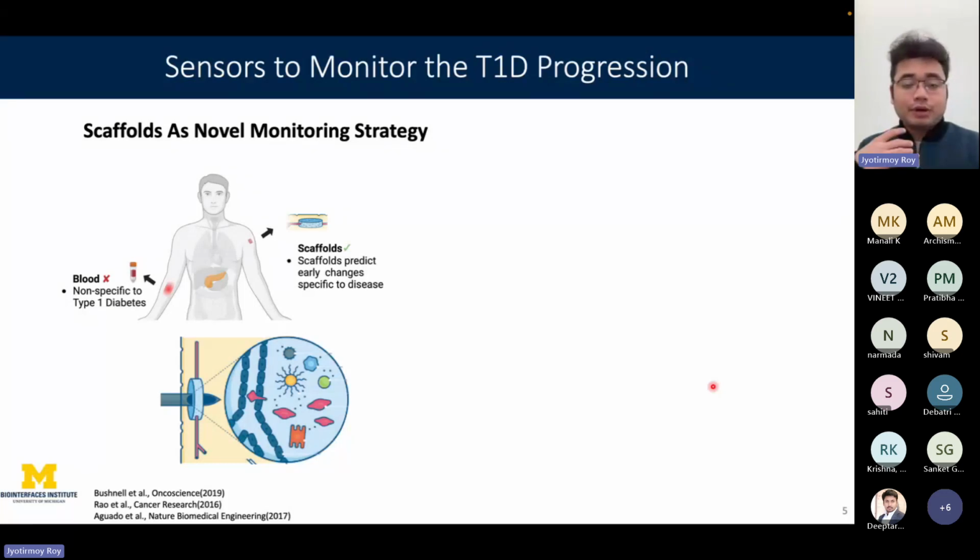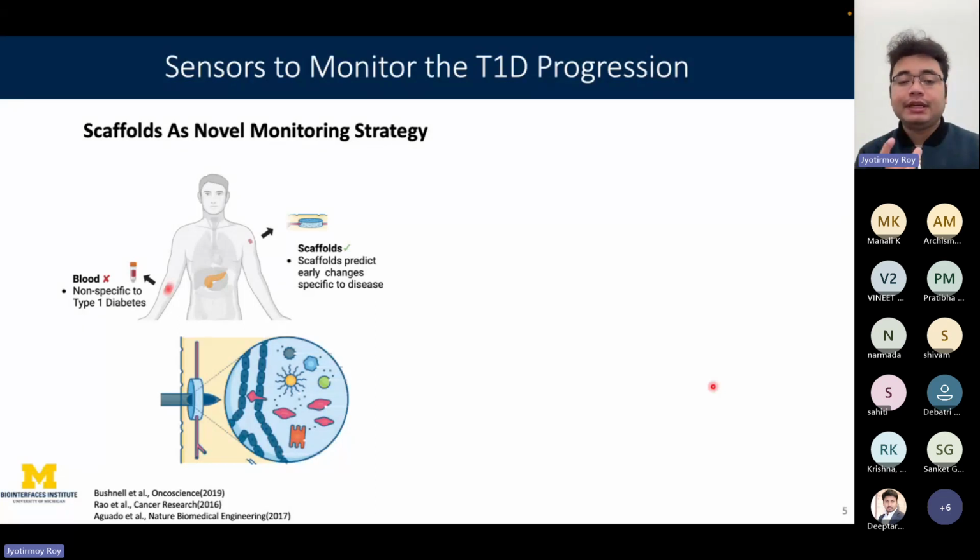The advantage of using scaffolds over a normal blood-based test is that the scaffold helps to capture the dynamic immune changes over time, as compared to blood, which gives you basically a snapshot at that particular moment when you're drawing the blood.